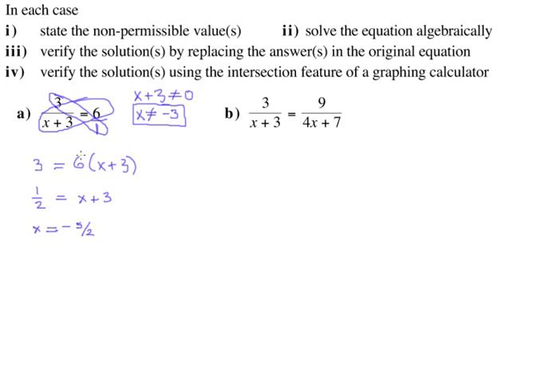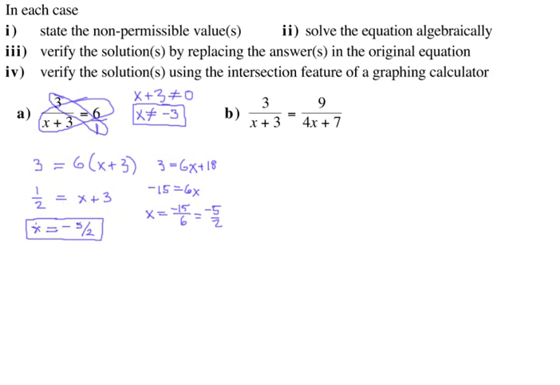The other way to do this would be distribute your 6 through. So you get 3 equals 6x plus 18. Subtract 18 from both sides and you get negative 15 equals 6x. Then divide by 6 and you get x equals minus 15 over 6. And reduce that. Lo and behold, same result. So that's our solution.